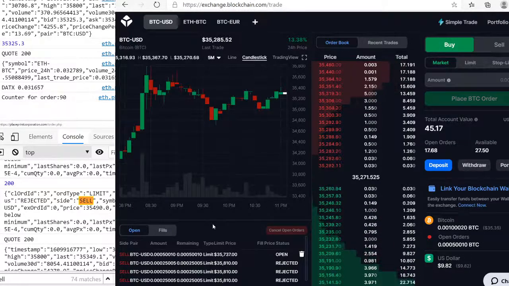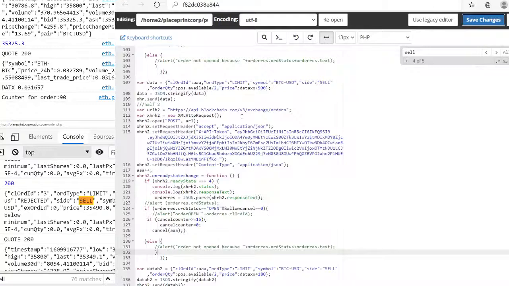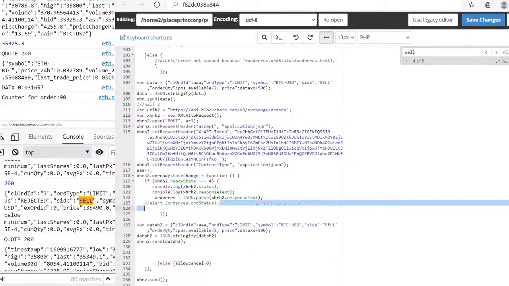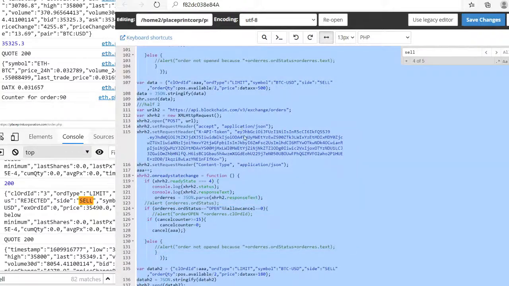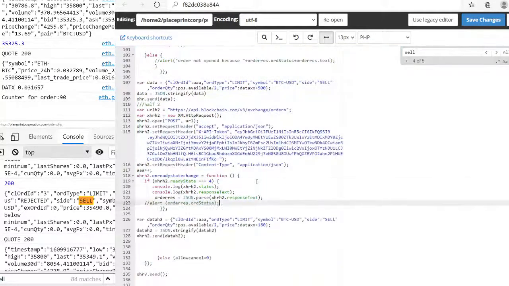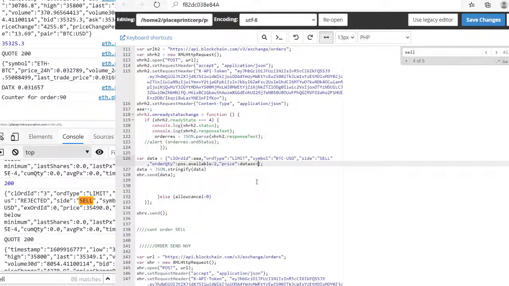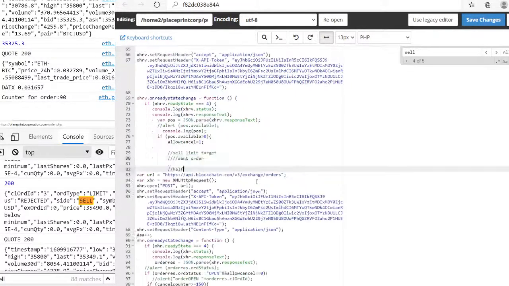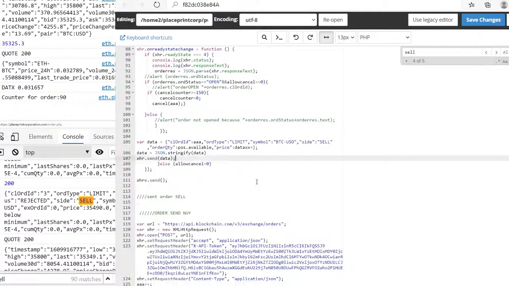Let's do this. We need to get these orders in here. Okay, so everything is fine with the code, but there are some issues with the formatting of the decimals.